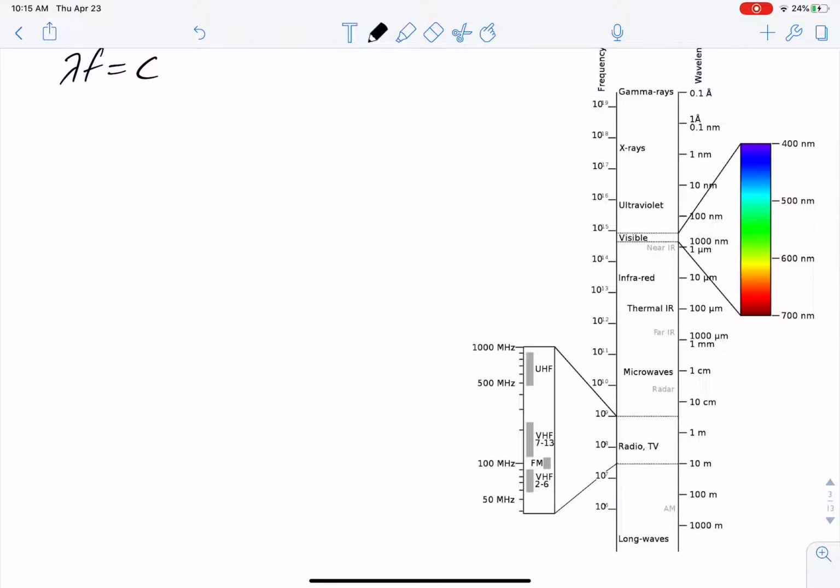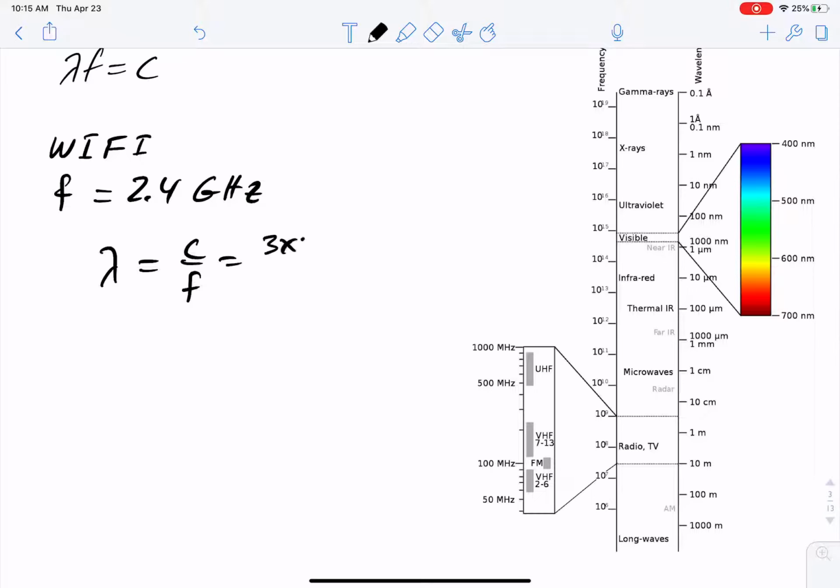So, just to remember, let's just go through it. So let's say your Wi-Fi router is at 2.4 gigahertz. So the wavelength, this is the frequency, the number of cycles per second.